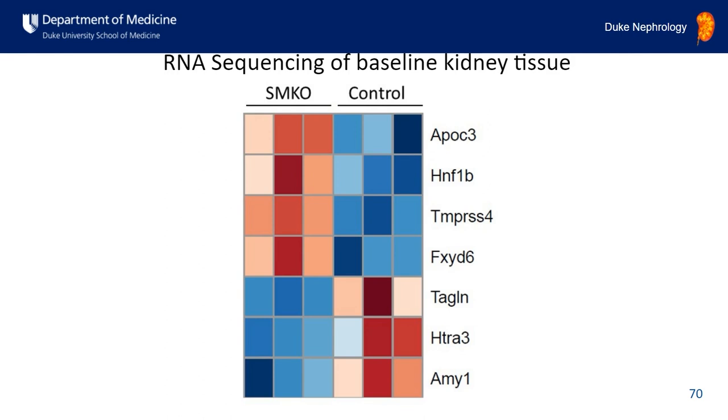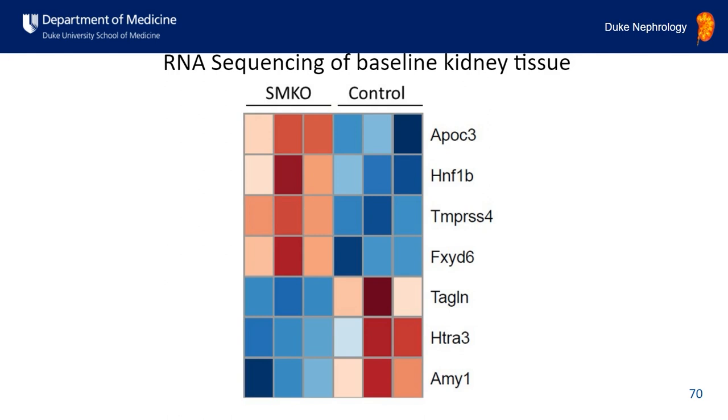And so you see some of the interesting ones. One is TMPRSS4, which is involved in ENaC processing. Interestingly enough, TMPRSS4 is actually altered in the opposite direction than we would anticipate. FXYD6 became a target we became very focused on because FXYD6 can actually become part of the sodium-potassium ATPase.